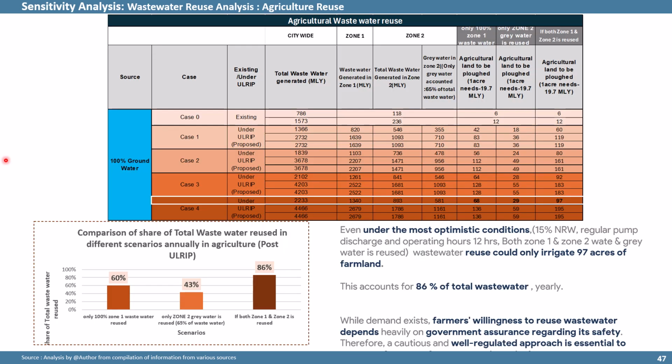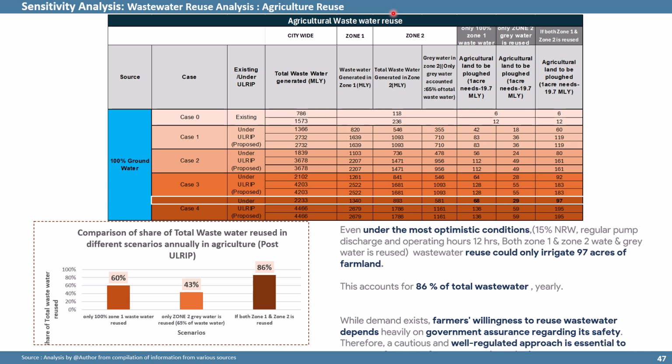So from the analysis, it can be concluded that in the best case scenario, that is when there is 15% of NRW, and if we use 86% of the annual volume, that is integrating both the zones grey water and wastewater, it can irrigate only 97 acres of the total suitable 774 acres of agricultural land, indicating that there is a significant disparity between the demand and supply.